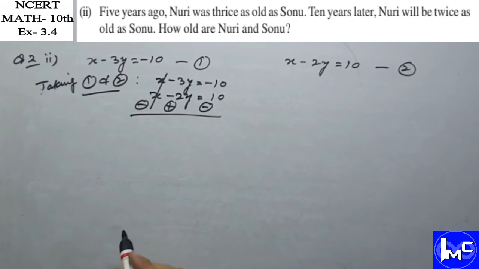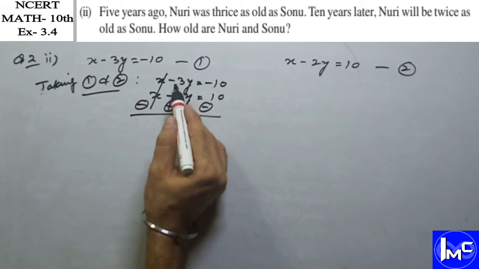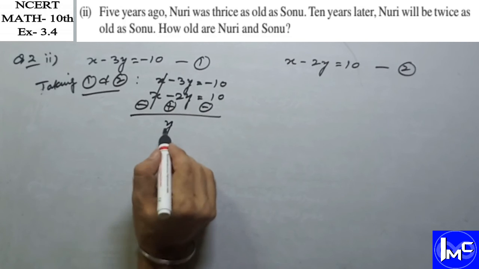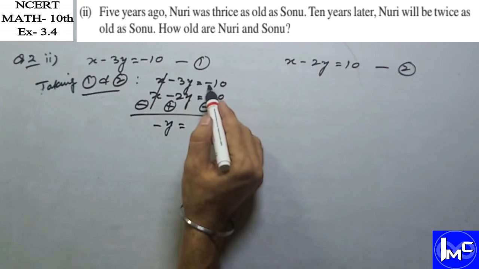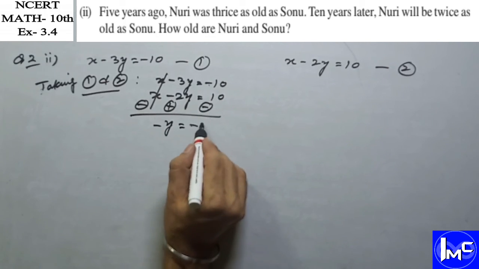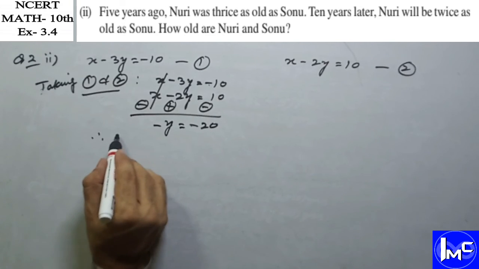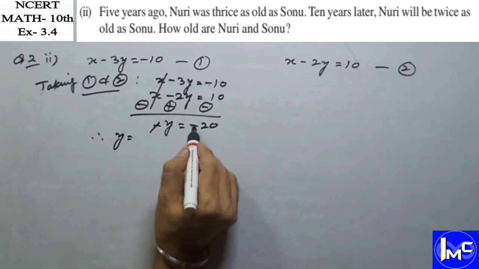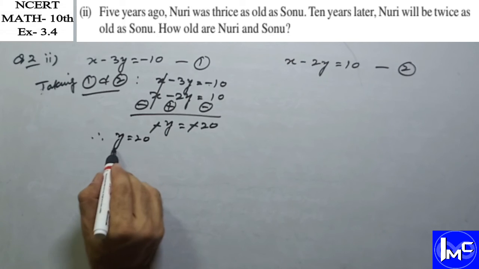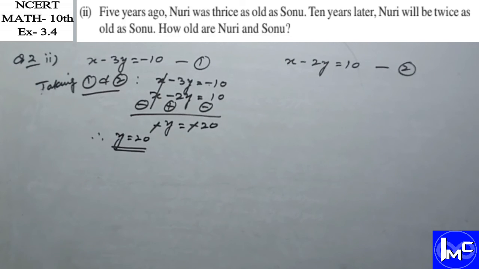These are cancelled, and minus plus minus, 3 minus 2 will be minus y, and minus minus plus, it will be minus 20, and so y is equal to 20. This is the value of y.